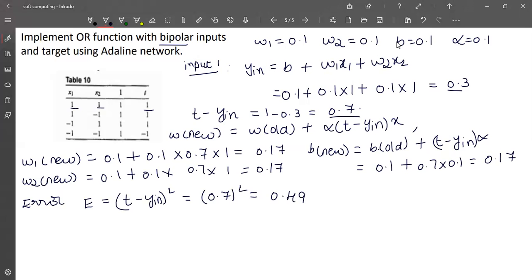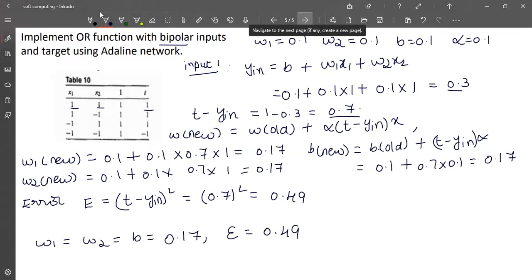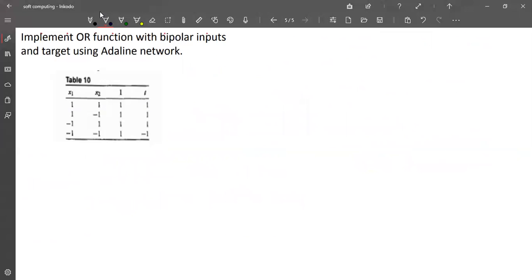So our final weights and bias and error value are, W1 is equal to W2 is equal to 0.17, bias is equal to 0.17 and E is equal to 0.49.